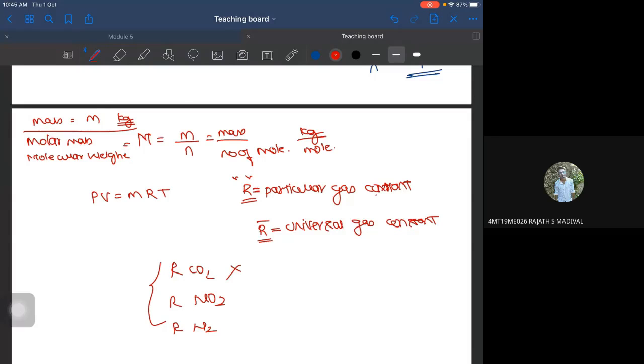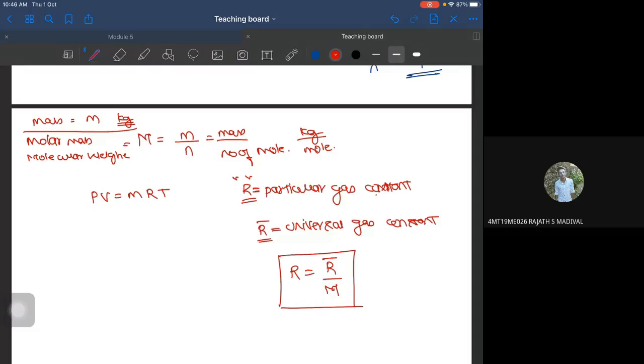Now, the relationship between the universal gas constant and the particular gas constant is very interesting. R, the particular gas constant, is equal to the universal gas constant divided by the molecular mass or the molar mass. Got it?